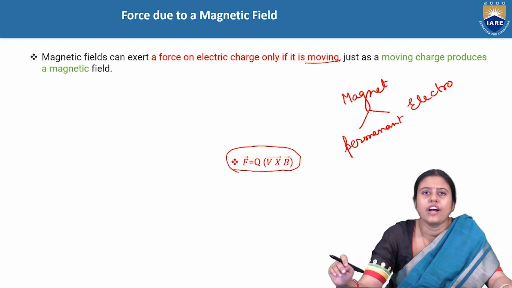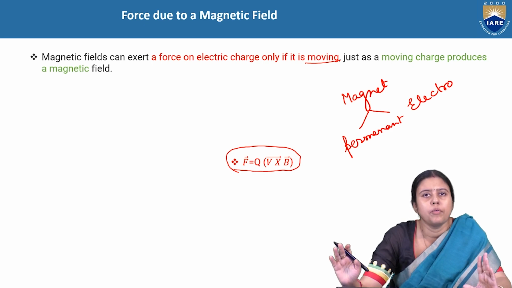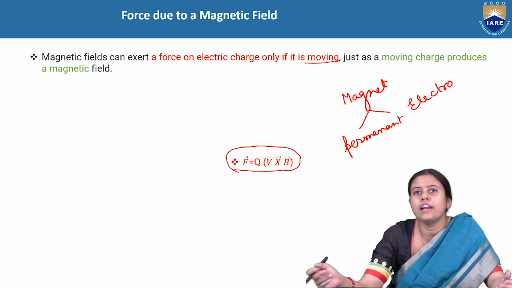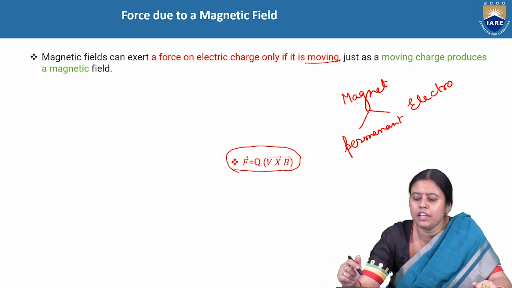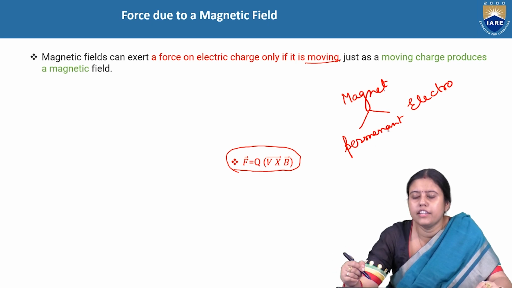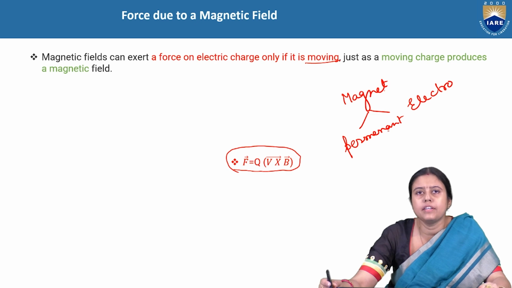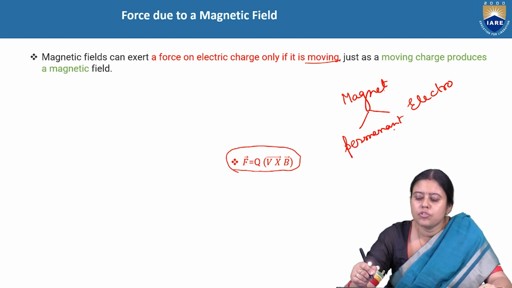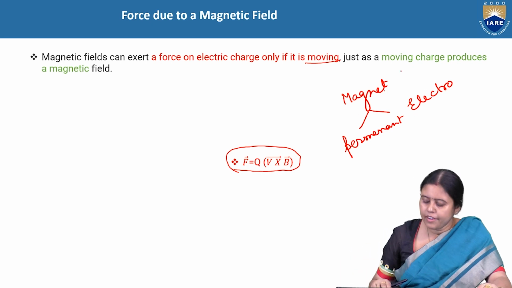But if a stationary charged particle is there, it will not experience any force. A moving charge produces a magnetic field. Magnets are of two types, permanent magnet and electromagnet. Today we will discuss this magnetic field.